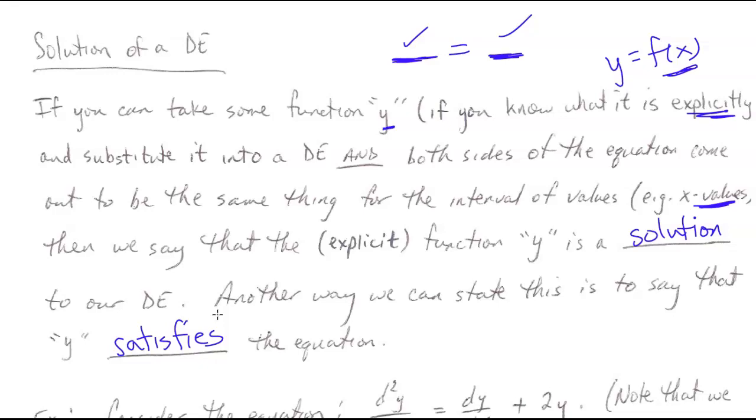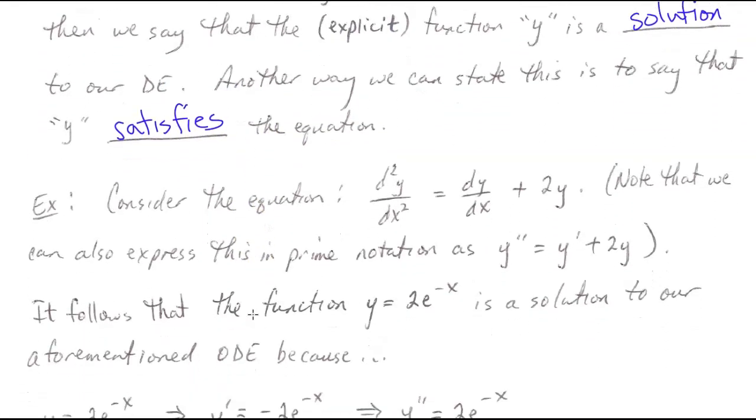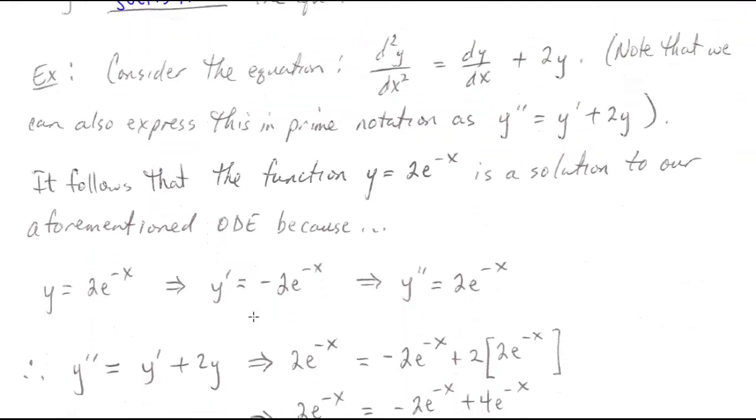Let's say if we have to take the first or second derivative of it, apply all that, do it, and we see that both sides are equal, then we can also say that the equation is satisfied by that function y.